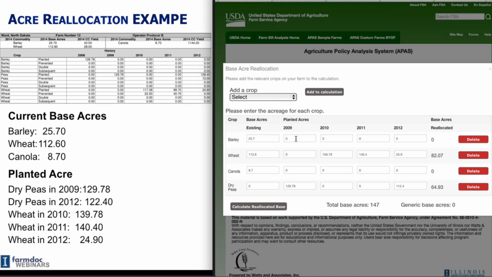We had this question when we're looking at the acre allocation tool. You should enter zeros here, and in fact, if you don't enter zero, you're going to get a message that says you've entered an invalid entry. Zeros mean that you didn't plant the crop in this tool.